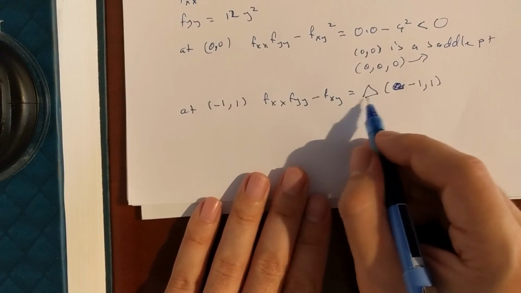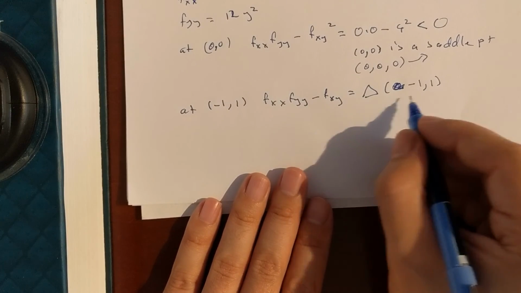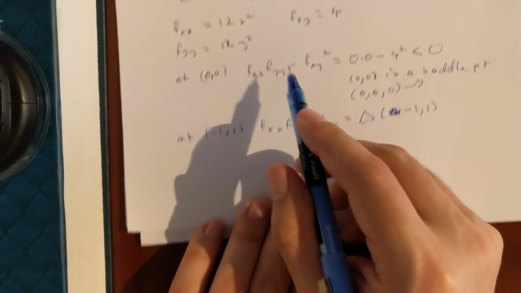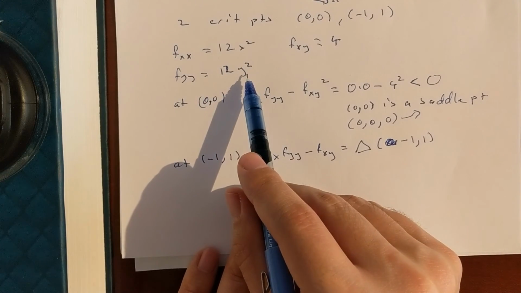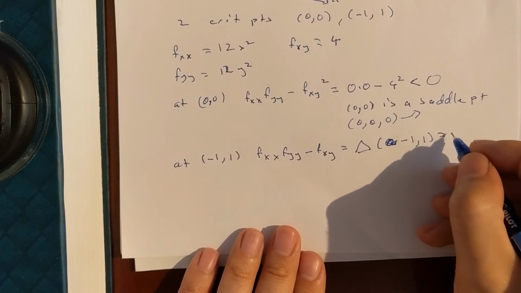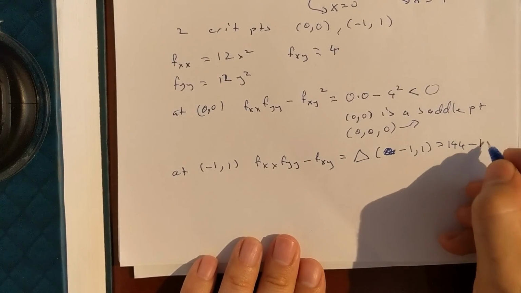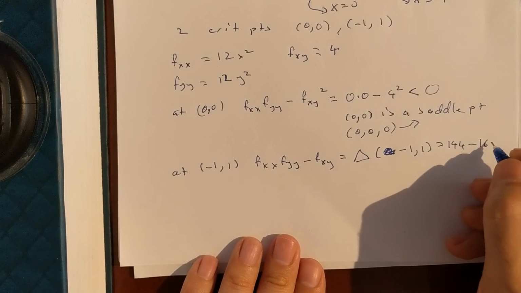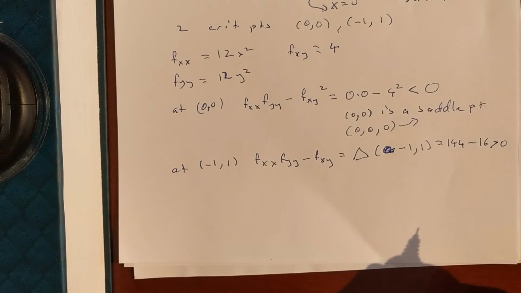So you can always use this discriminant sign. Write the delta. Here, let's look at it. Let's plug in minus 1. We're going to get 12. Let's plug in plus 1. We're going to get 12. We get 144 minus, well, this is always 16. This is certainly greater than 0. Okay, it's 128, so it's greater than 0.